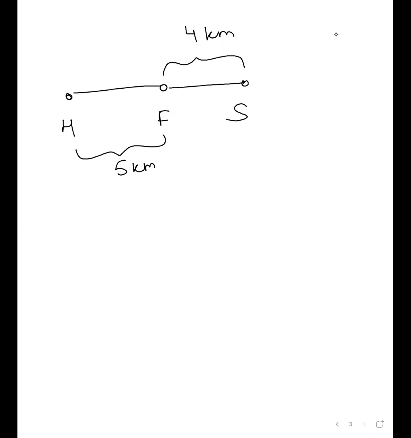So what are we saying here? If you have these 3 points that are lying on the same line, it's basically the same line divided into two parts. So this distance HF plus the distance FS is going to be equal to this distance HS.